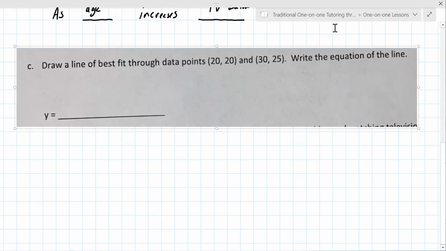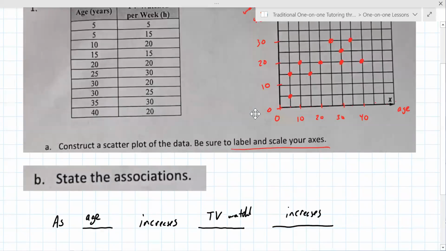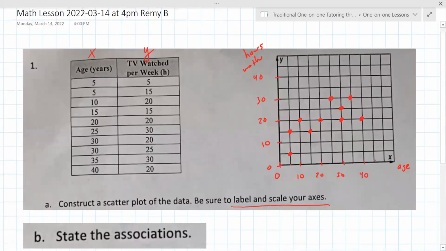Okay, cool. It says to draw a line of best fit through the data points 20, 20 and 30, 25. So I have to go back and identify those. 20, 20 is right here, and then 30, 25 is right there, which on my screen is sometimes a little hard to see, but it's basically crossing through like that.